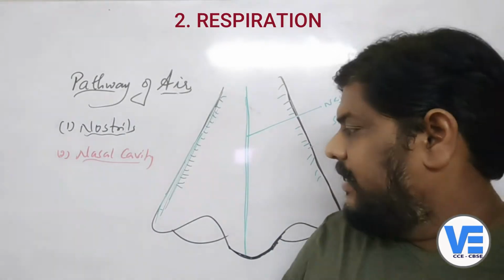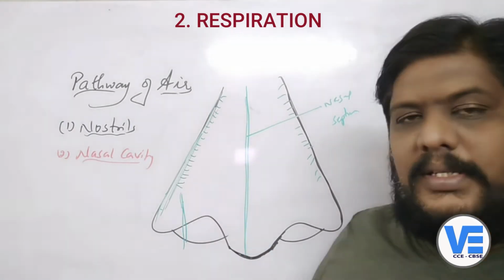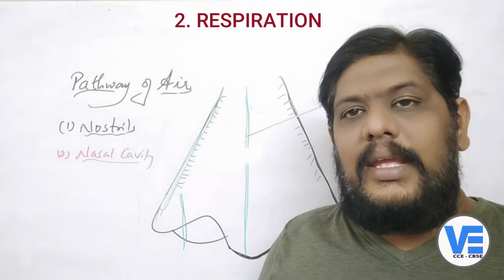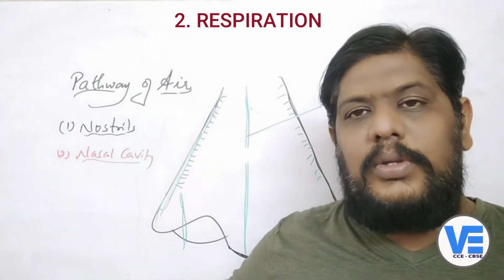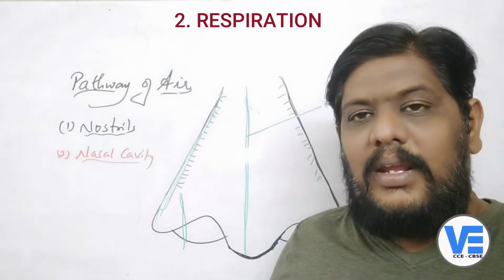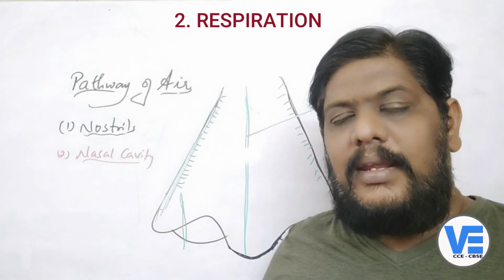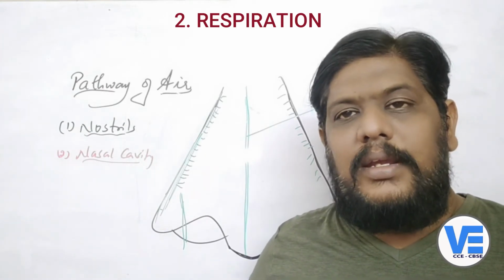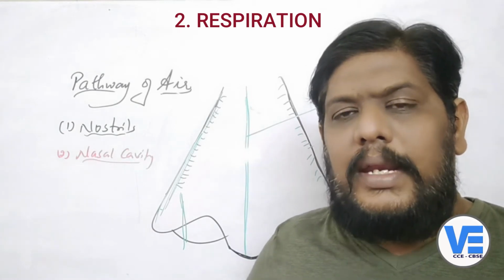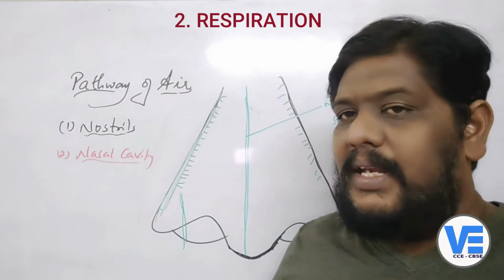So when the air enters the nose, it becomes moist. Water vapor from the mucus is added to that air, and the air is brought to the temperature of the body. That is what the nasal cavity does.